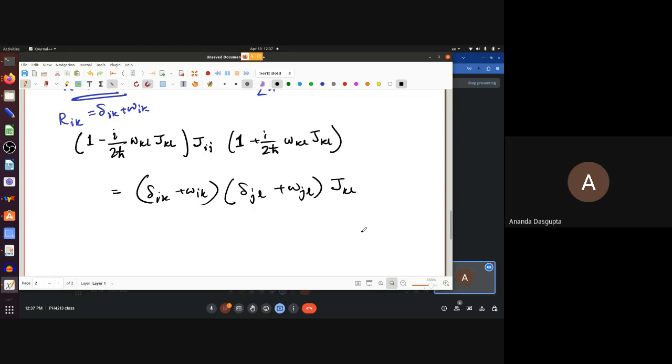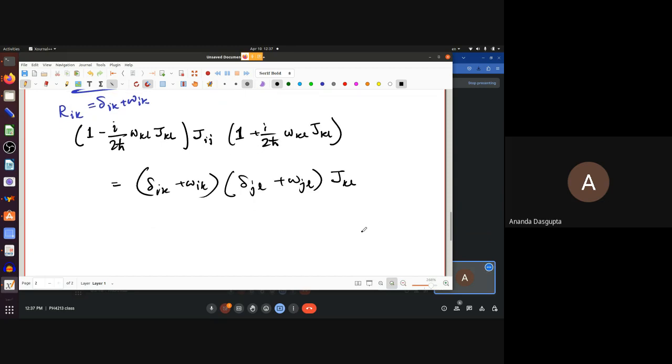Okay, further homework. You should be able to use this. Now, by the way, when you open this out, identity times J_ij will give you J_ij. But on this side, delta_ik, delta_jl, J_KL, that will also give you J_ij. That should be obvious. So J_ij will cancel.